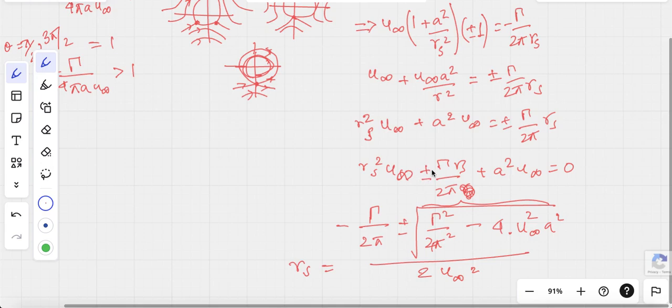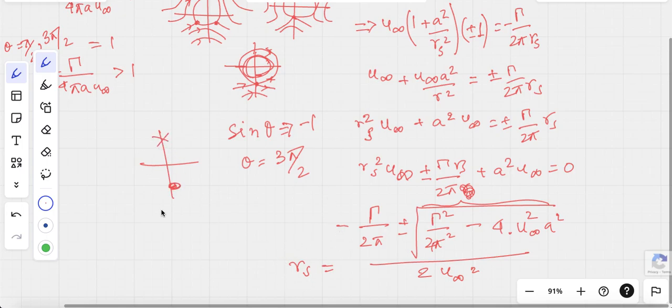So this cannot be positive. This has to be negative. And for this to be negative, this comes from this side, so this has to be positive. So for this to be positive, this has to be minus 1, which means sine theta has to be minus 1. So theta equals 3 pi by 2. So it has to lie over here, not here.